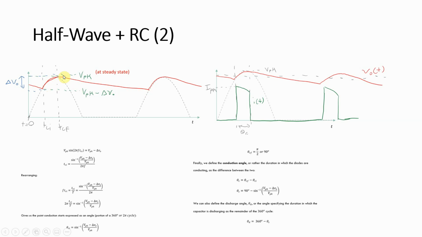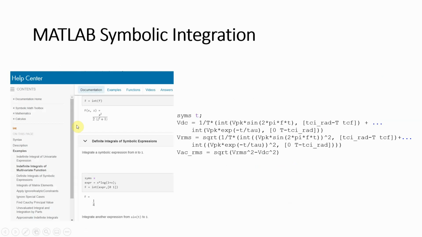That's why, when I did the integration, I broke it into two integrals, right? So again, I use the symbolic toolbox of MATLAB, and this time I use the int function, short for integral.